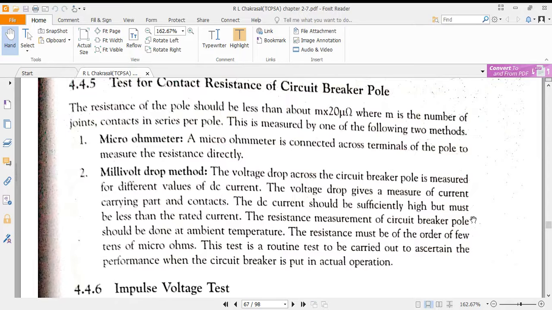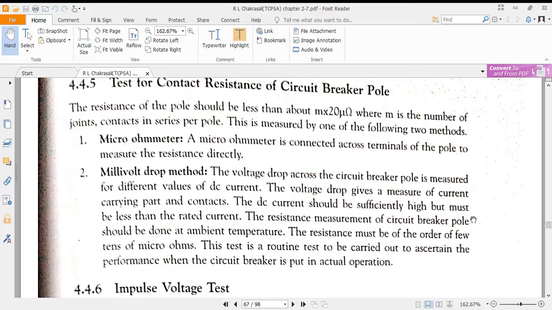When the current is flowing through the contacts, there will be current I and resistance R. The voltmeter gives the product of I and R, which is nothing but the voltage drop.